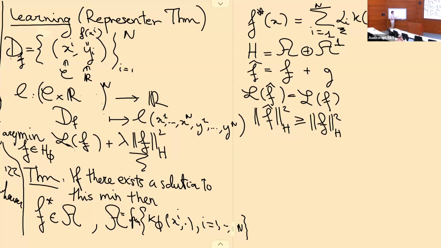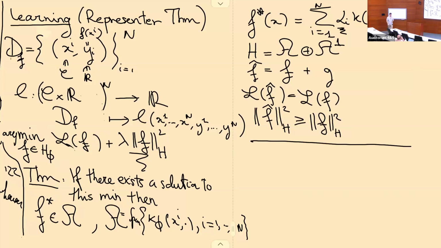That's the proof. L of f doesn't see the g, and the regularization always gets worse with g. So the optimum must lie in A. And yeah, that's that.